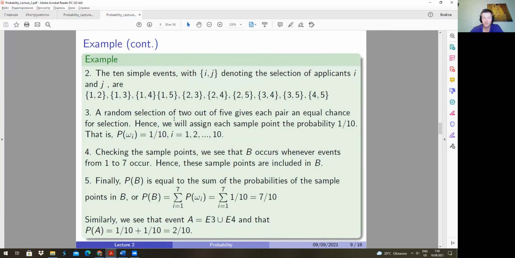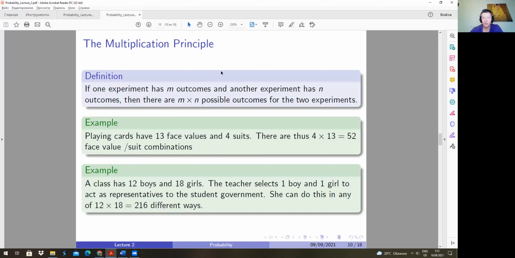It's not a problem. But if you have something more extended, for example, if you are looking for the probability to get some particular card out of 52, then you need to know about this 52 something. And if you have something more extended, of course, you need to do some tricks in order to calculate the total number of sample points in the sample space.